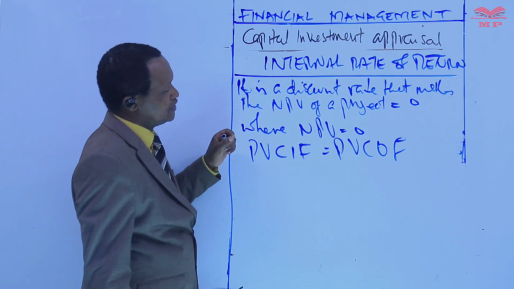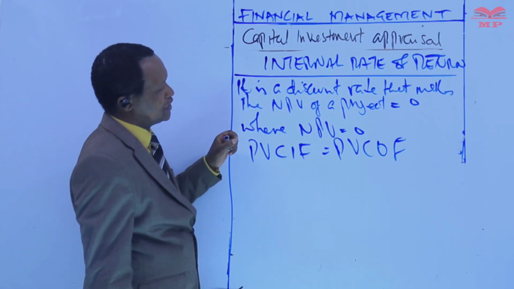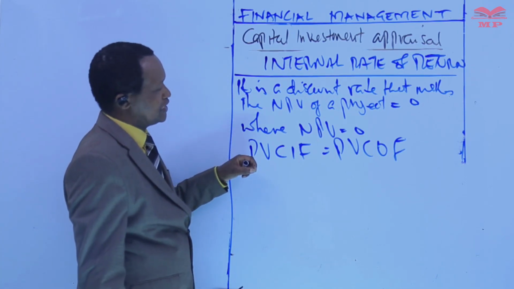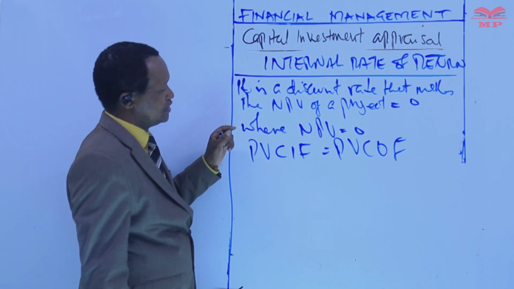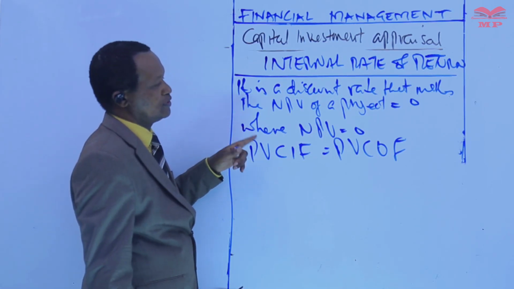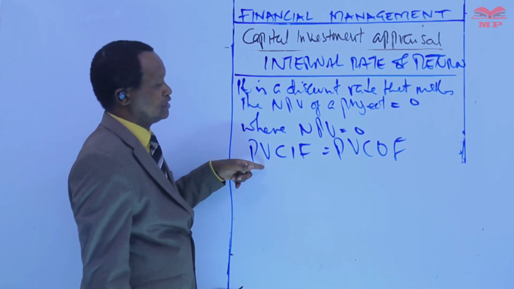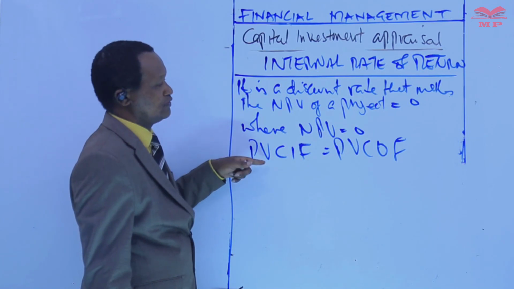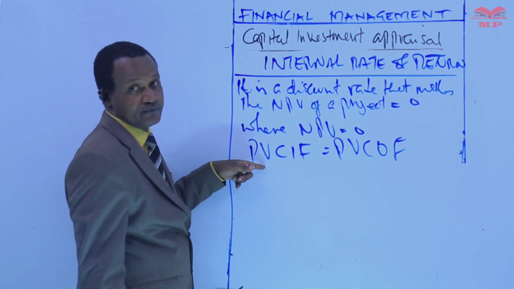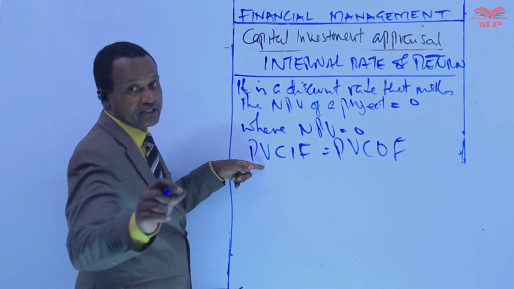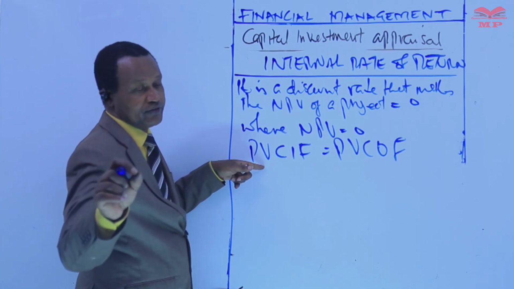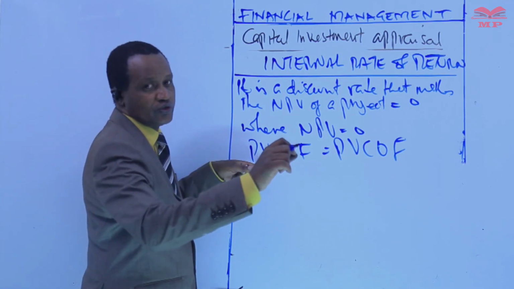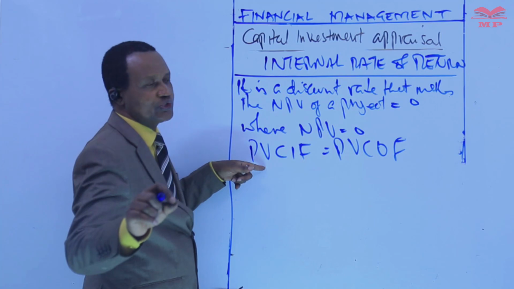At zero NPV, the present value of cash inflows is equal to the present value of cash outflows, to the rate which equates the present value of cash outflows of an investment to the initial capital.